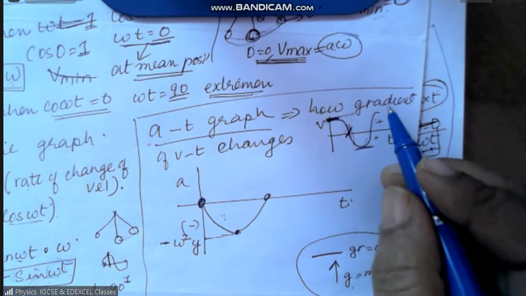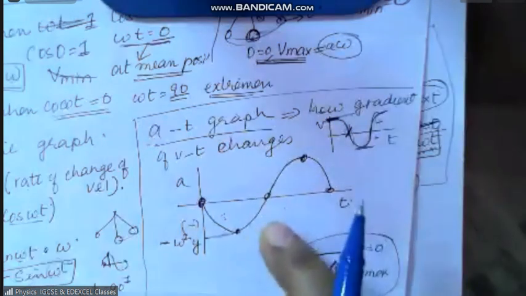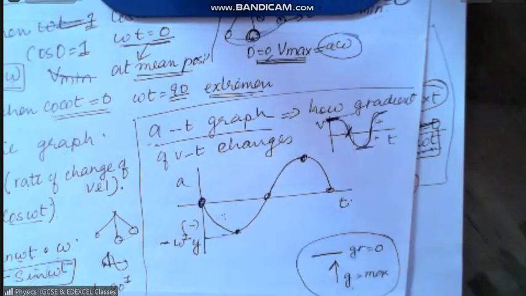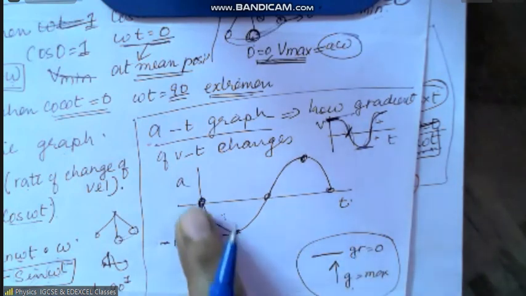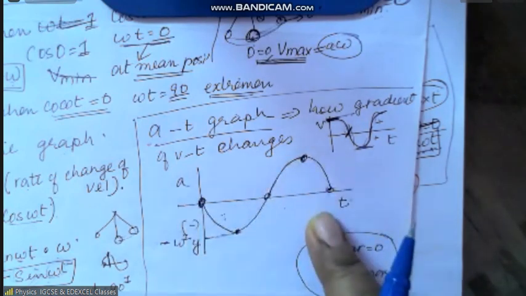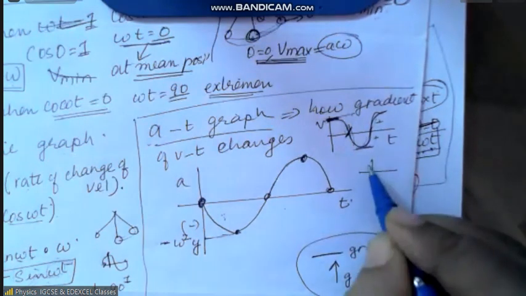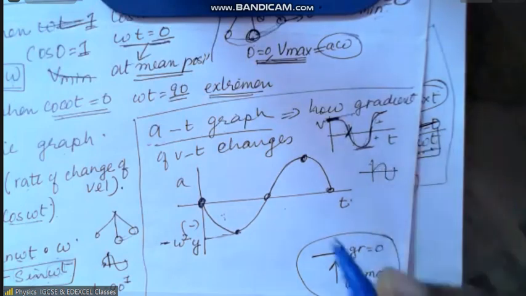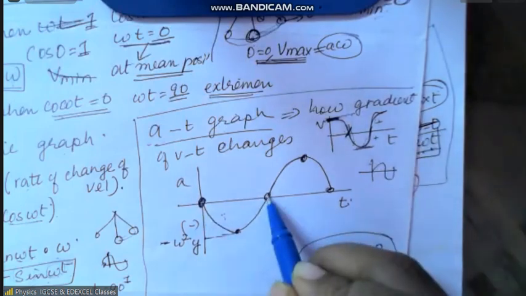What graph is this? Is it a sine graph? This is a sine graph, but it is a negative sine graph. This is a positive sine graph; the opposite is a negative sine graph.